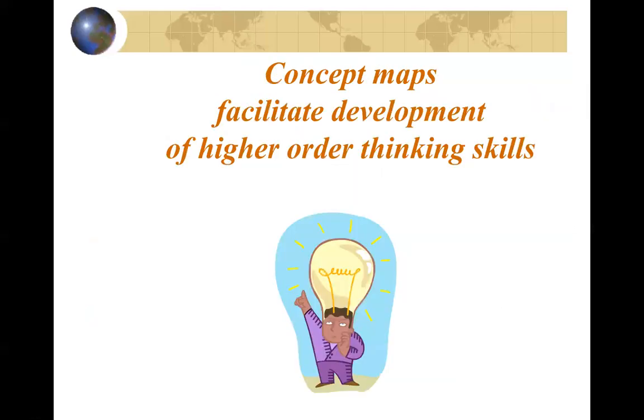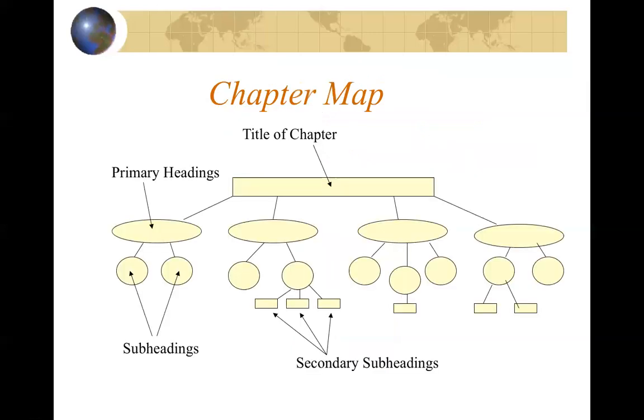Now, I want to show you another tool, and this is a particularly good one for this class, concept maps. Now, in all your other classes, you can just go to the chapter contents of your textbook. You've got the title of the chapter, you can put that in. Go through and get the primary headings, then put in the subheadings and any secondary subheadings.